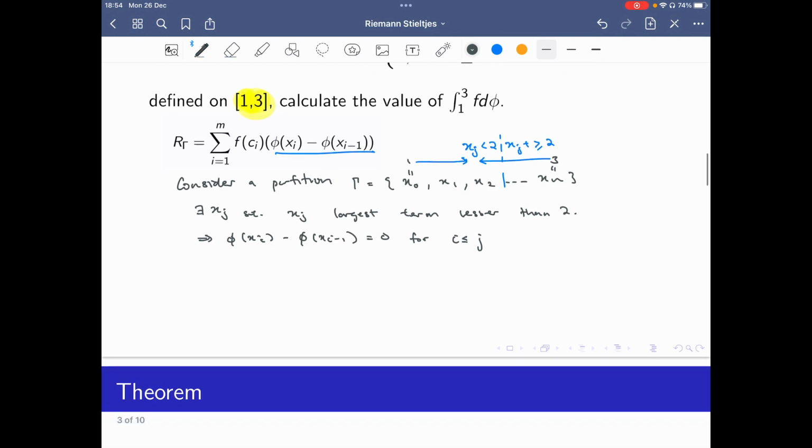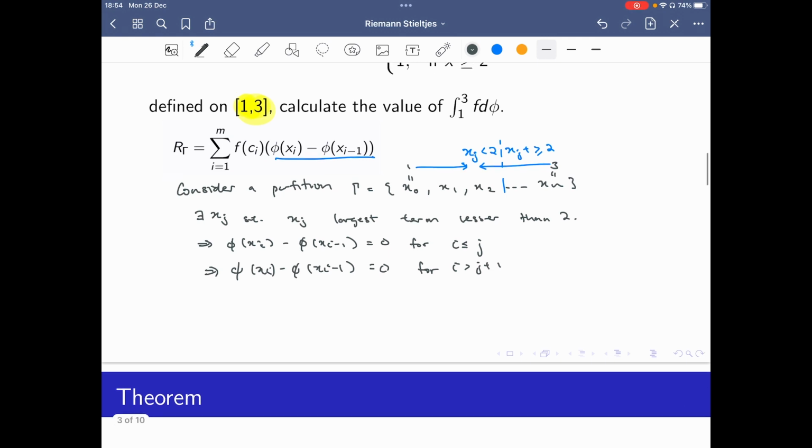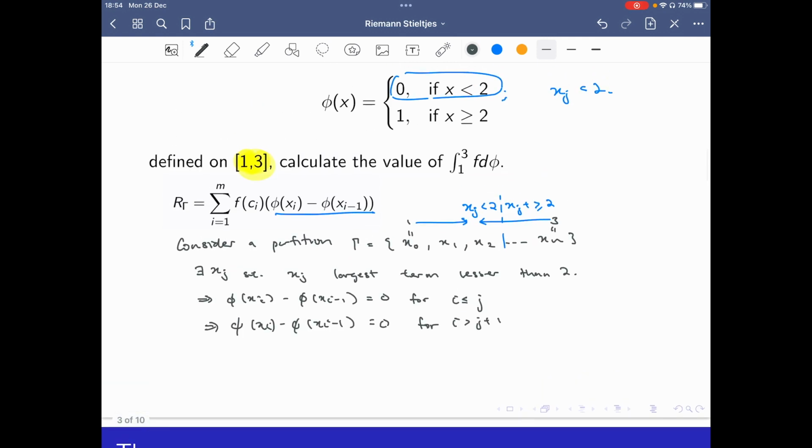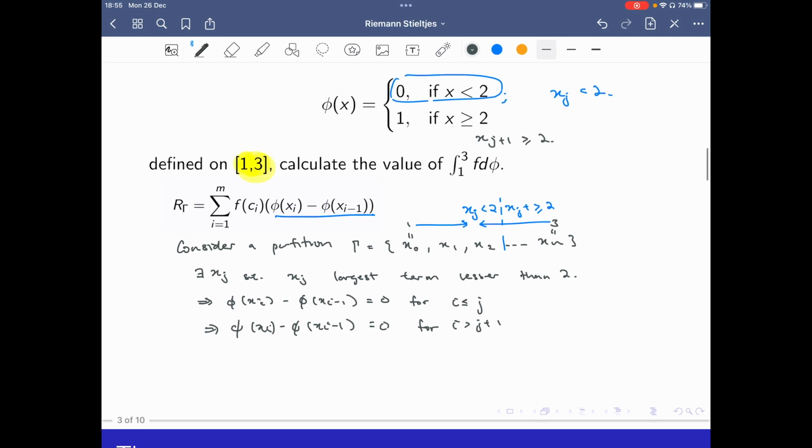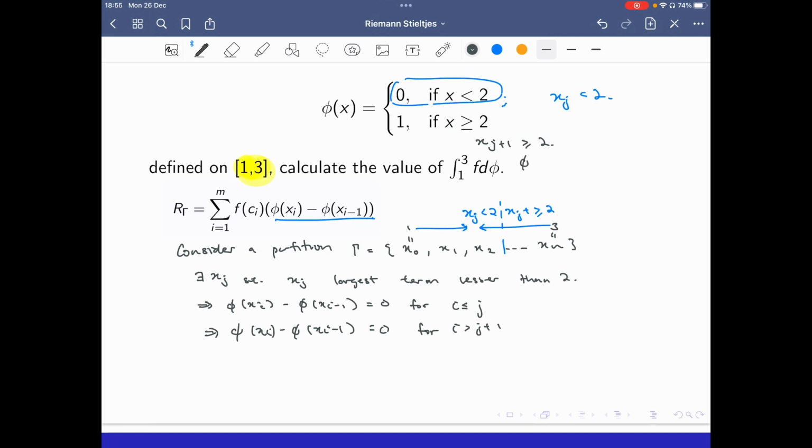Then for the other case, phi(xi) minus phi(x_{i-1}) is going to be equal to 0 in the other direction, for i larger than j plus 1. Why is that? Because for larger than that, for example, x_{j+1} is already larger or equal to 2, so phi(x_{j+1}) is equal to 1.